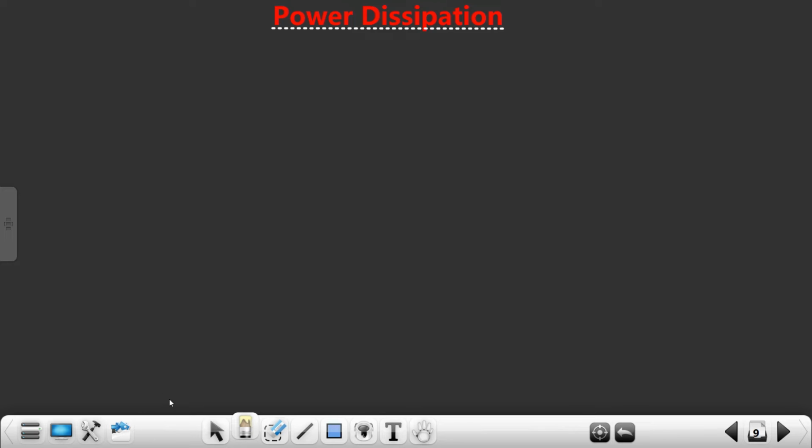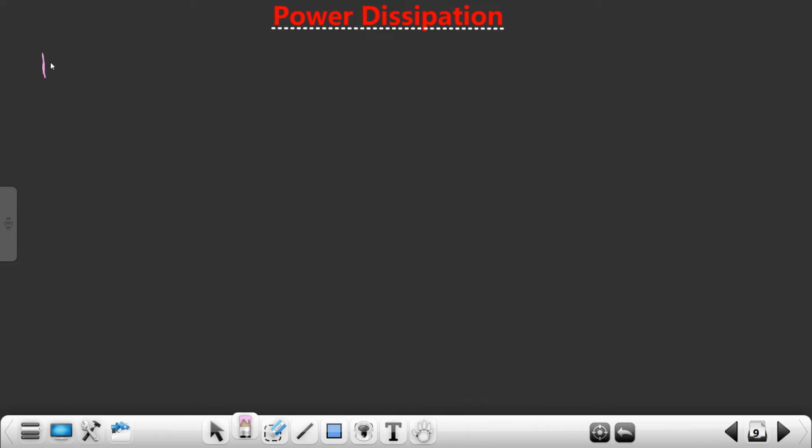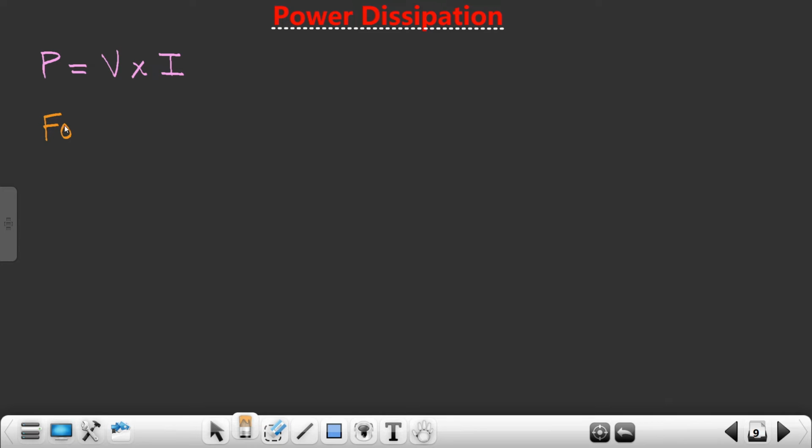So when it comes to power, what is the formula for power? Let me write it. We all know power P is equivalent to V, that is voltage, into current I. Great. Now talking about BJTs, let me write here for BJTs, and for JFETs.